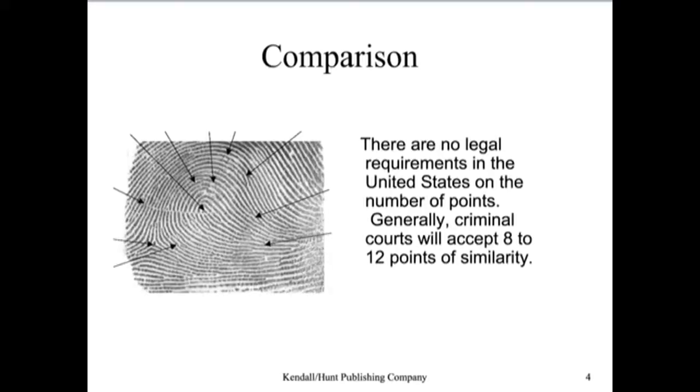There isn't a legal requirement in the United States as of right now of how many points of commonality you need to have. Courts will accept 8 to 12 points of similarity. That, however, may not be as appropriate now. Just when I was looking at it, in this section alone, I could find 8 to 12 ridge characteristics.